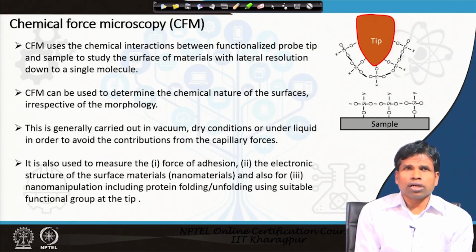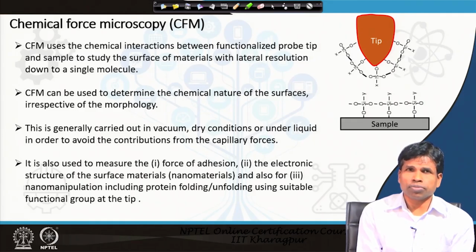In particular, chemical force microscopy is used to measure the force of adhesion and the electronic structure of the surface material. Electronic structure in the sense that we can functionalize the tip with different types of functional groups and see their effect in measuring the forces for different types of surface. For example, as we know, carbon nanotubes can be metallic or semiconducting.